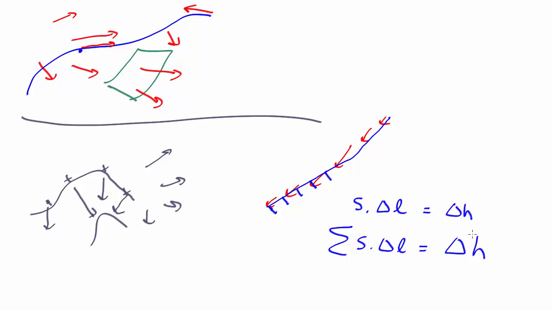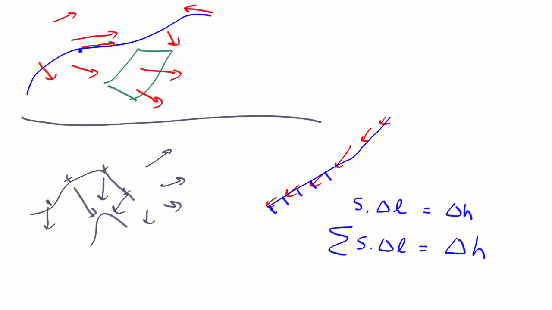And that's the basic idea of a line integral. You just go along your line and work out the slope times each element of length, and that will tell you, in this case, the total change in height. Now that's true if you're just going straight opposite the field lines.